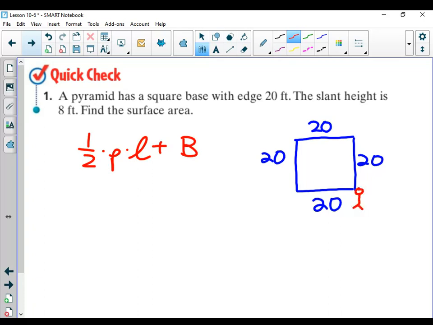So if Sally walks around the square, 80?